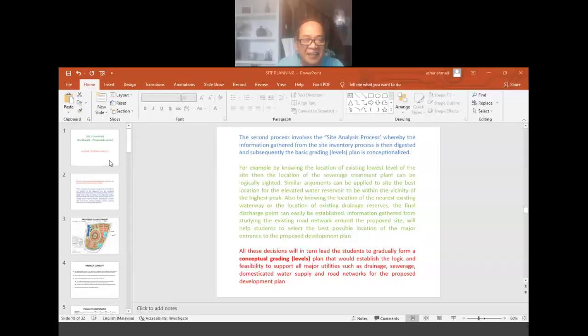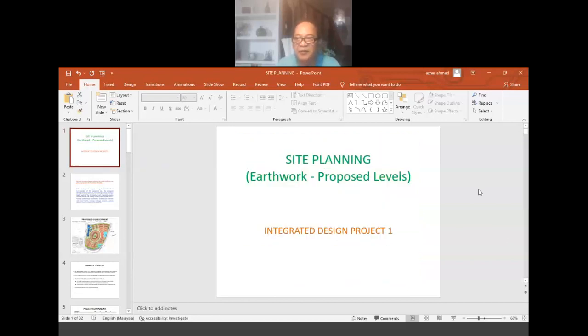But for today, what I intend to share is the basic understanding of earthwork, which is to look at the proposed levels.